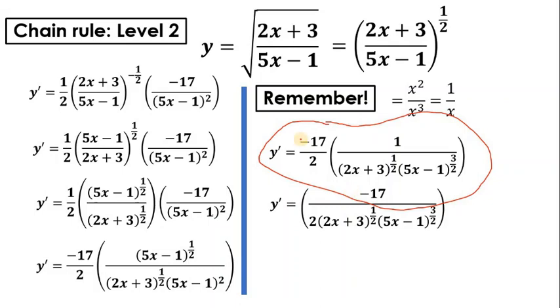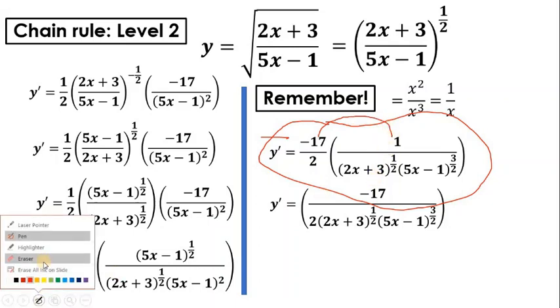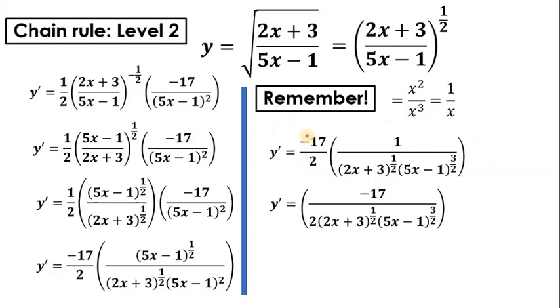Okay, so what happens from this form is I multiplied negative 17 times 1, or let me erase it for a while. There you have it. From negative 17 times 1, or multiply, that is negative 17, and 2 I multiply in this term, or I just combine since that is multiplication. So that's why it becomes like this.